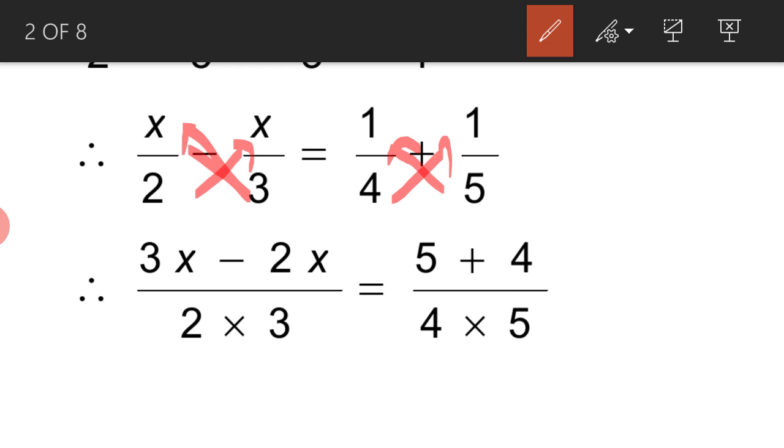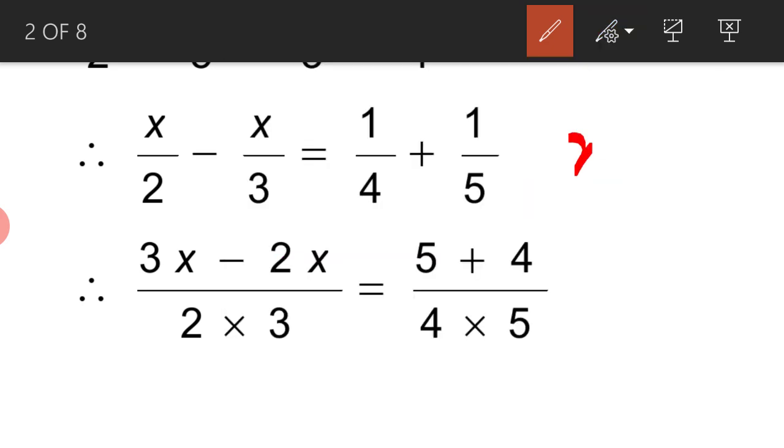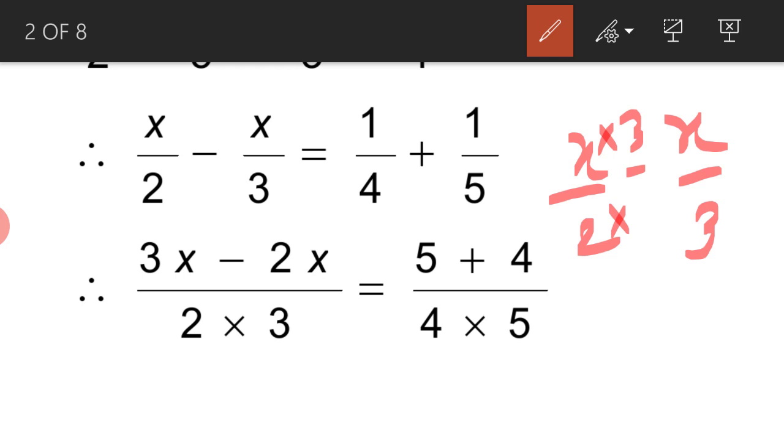Now is it same as we used to do? Like what we used to do? We used to do it as, suppose it is x by 2 minus x by 3. So we used to make the denominator same. So multiplying by 3 to both numerator and denominator, and here multiplying by 2, and then 3x minus 2x upon 6. Is it same? Yes.